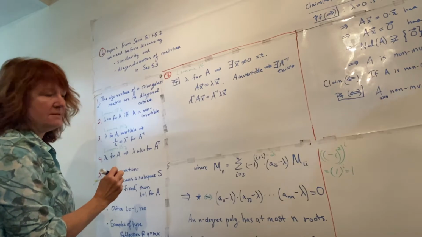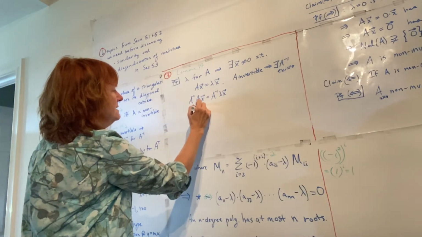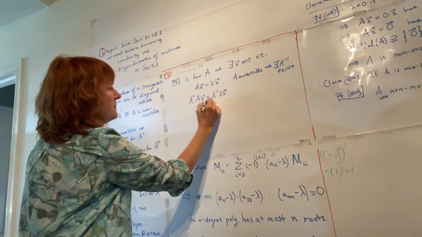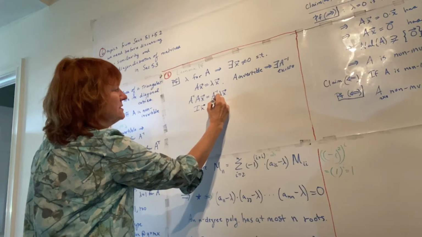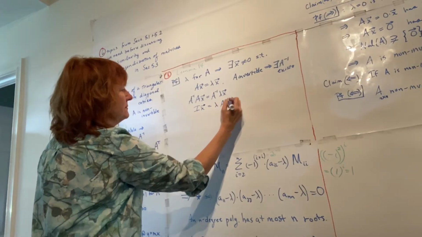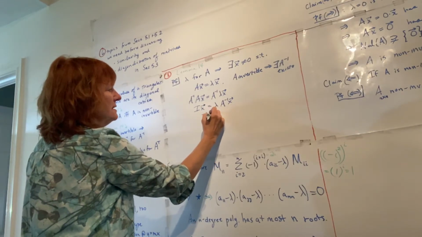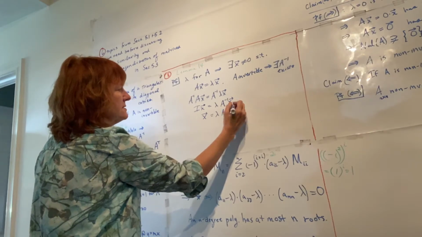Now, isn't that nice? Now we have, this is just the identity on x. And over on this side, that's a constant that can come out front. We can write it like that. And so we're left with x is equal to lambda times A inverse times x.